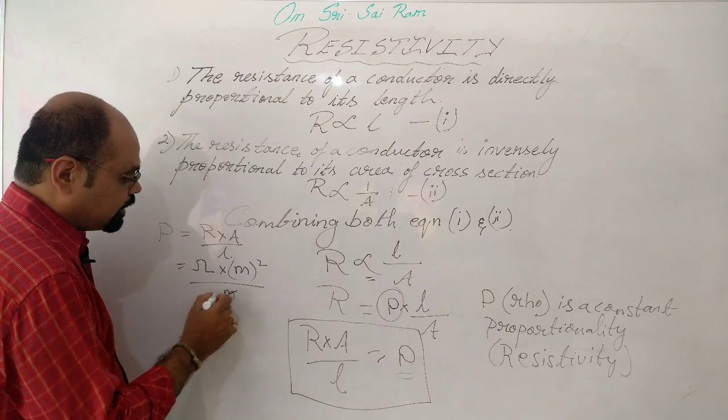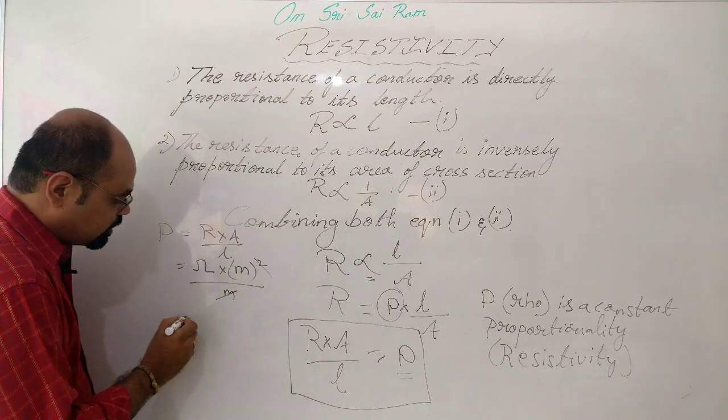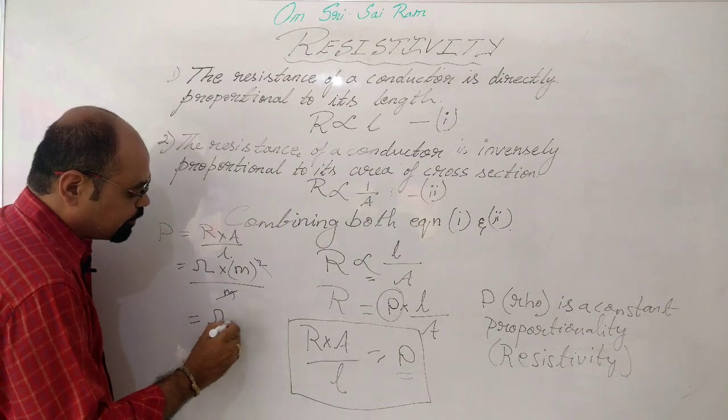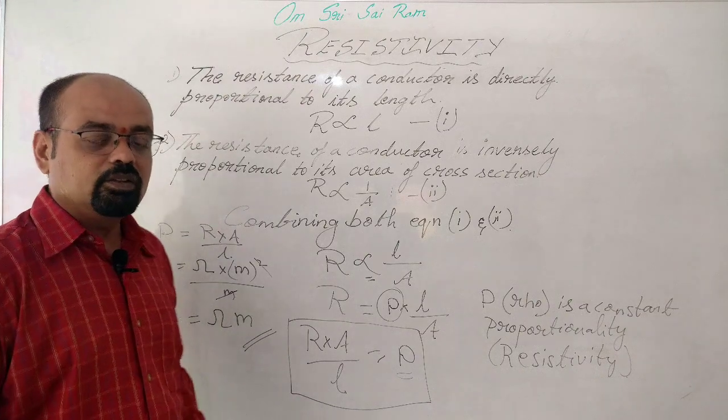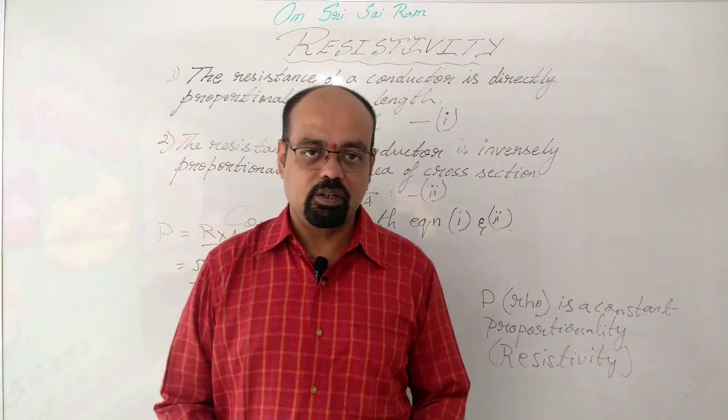When we cancel, the meter square by meter gives meter, and we get the SI unit of resistivity as ohm meter. This is the SI unit of resistivity.